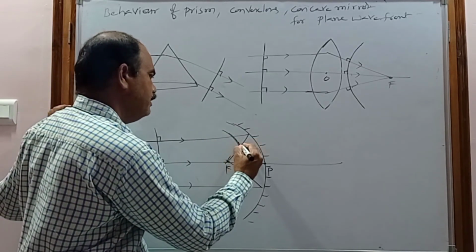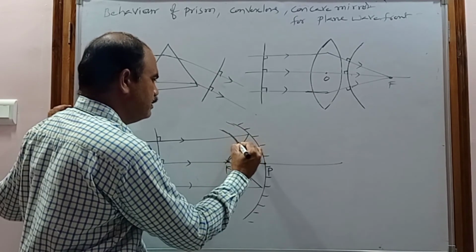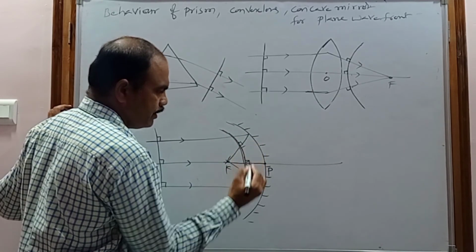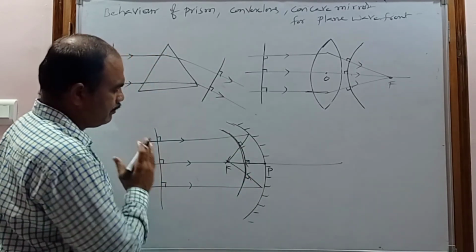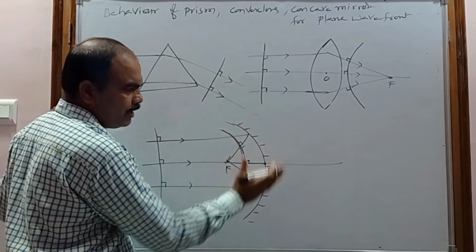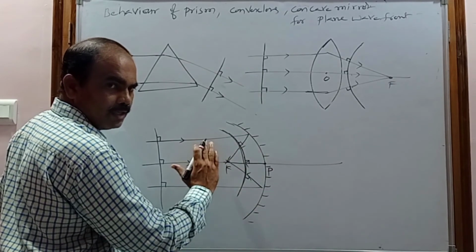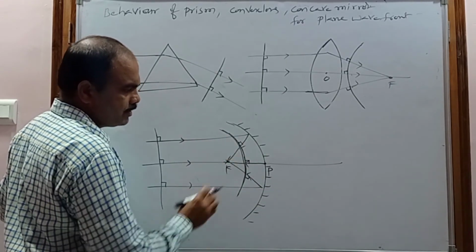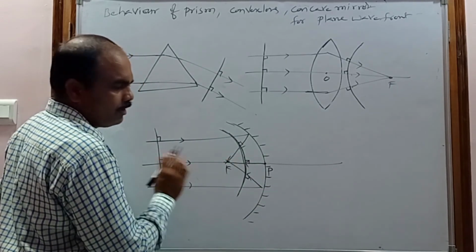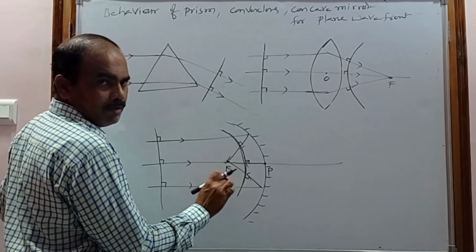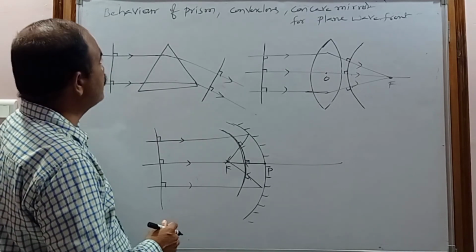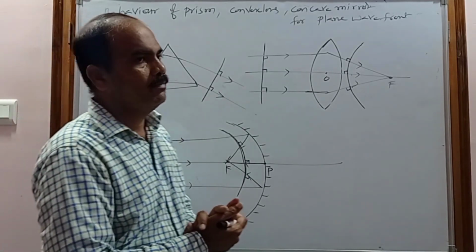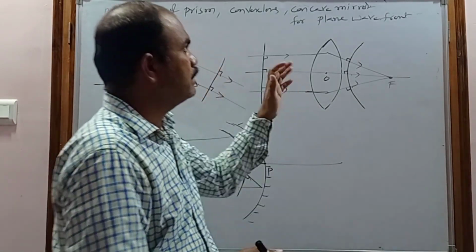At this point it is perpendicular, at this point also perpendicular, and at this point also perpendicular to these light rays. When the plane wavefront is incident on the concave mirror, after reflection it will again converge. The plane wavefront becomes a spherical wavefront after reflection. So this is the behavior of the prism, convex lens, and concave mirror for the plane wavefront.